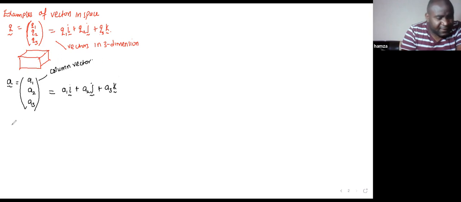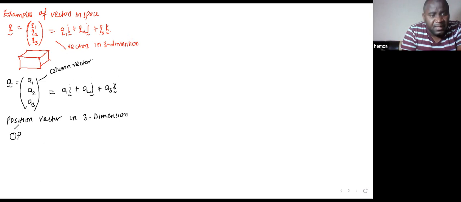Now, when it comes to figures, they can tell you that we have a position vector in 3 dimensions. Remember, I've already talked about a position vector earlier, whose reference is from the origin. So they can tell you have a position vector OP. Remember, OP is always described by small p. And they tell it is 2, 3, 1.